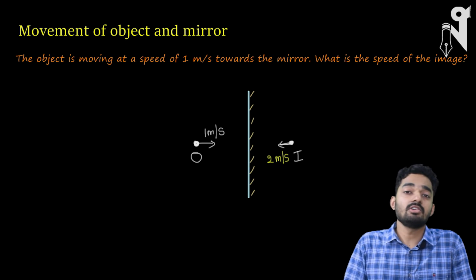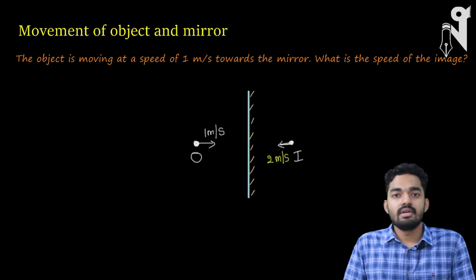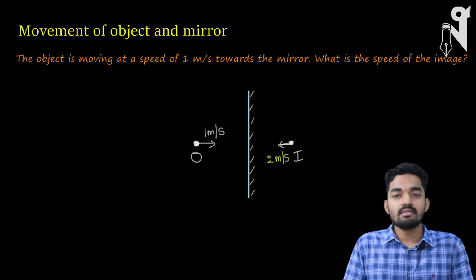But we know that the object distance and the image distance should always be the same in the case of a plane mirror. So therefore, if the speed of the image is not equal to the speed of the object, what happens over time is the object distance will not be same as the image distance. So we can say the speed of the image should always be equal to the speed of the object.